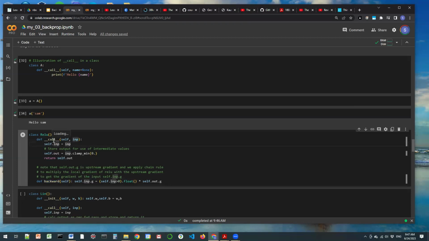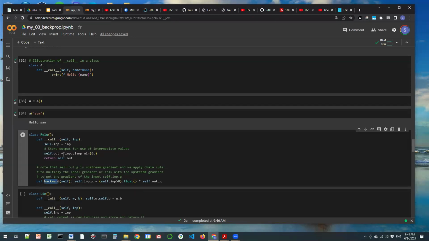Okay, so ReLU is the simplest, so we start with that. So given an input, we just store it. We know the output is just the input clamped to a minimum of 0, so no negative values, and then we return self.out. So this is the basic function of a ReLU. But to that, we add a backward method which helps calculate the gradient.